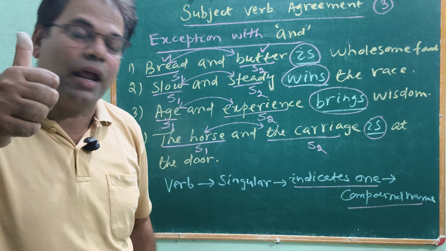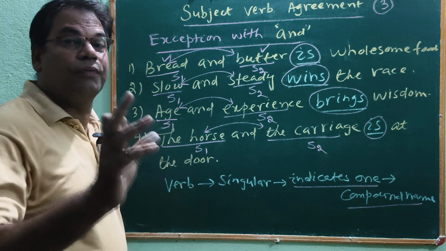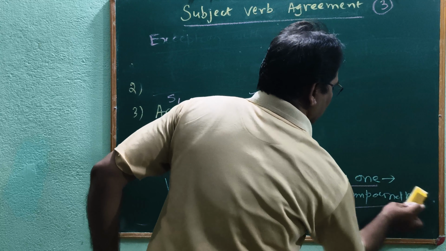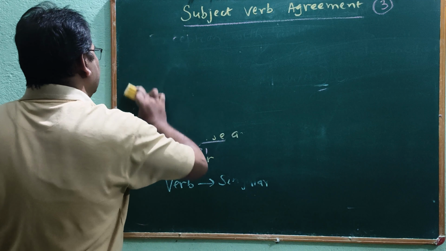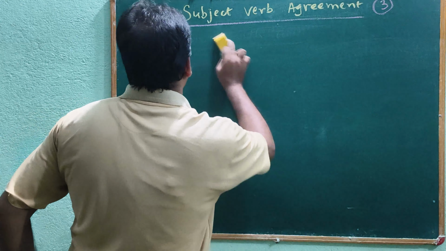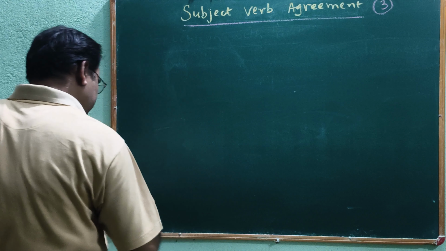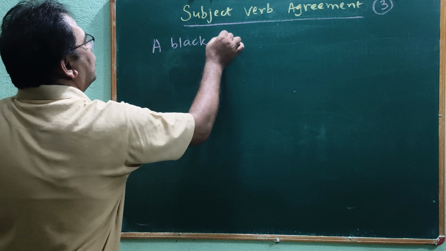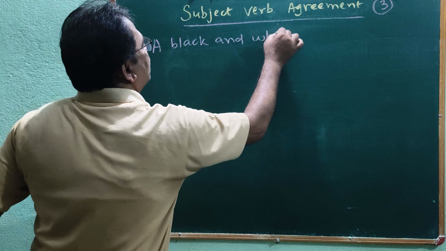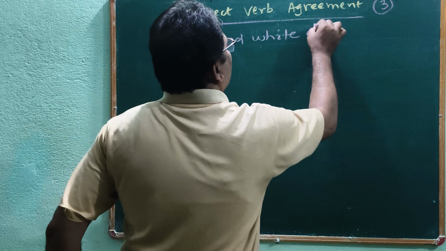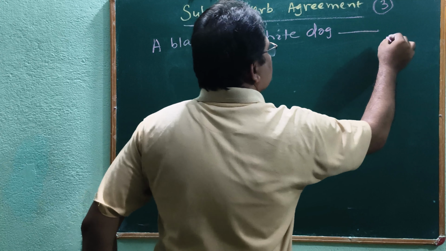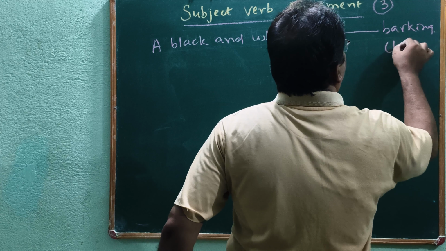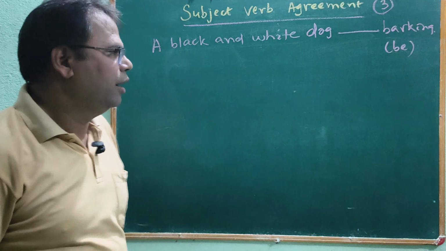Now we are going to learn another very interesting thing: the use of the article. If two articles are used, what will it be? See the interesting thing. A black and white dog, dash working. Use the correct form of the verb be.